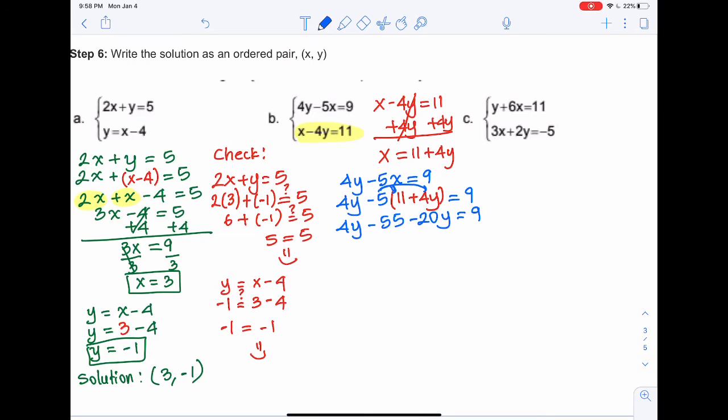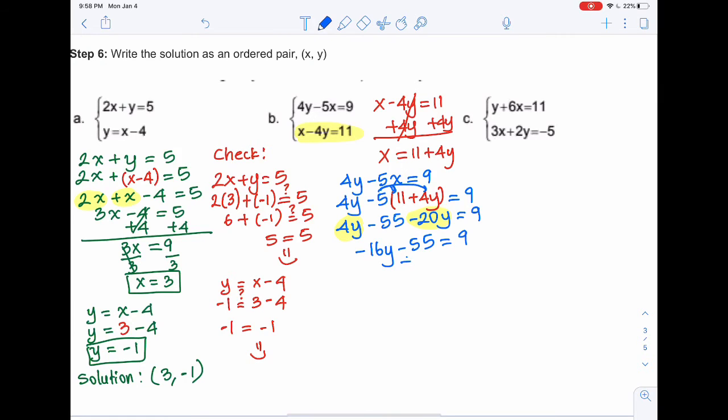And let's combine like terms. I have 4y and I have negative 20y. So 4y plus negative 20y will give us negative 16y. And I will keep the constant as it is on both sides.